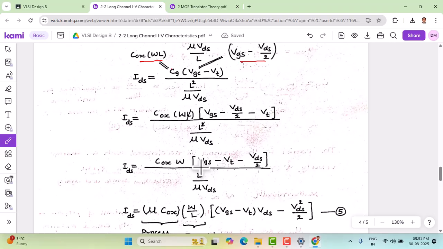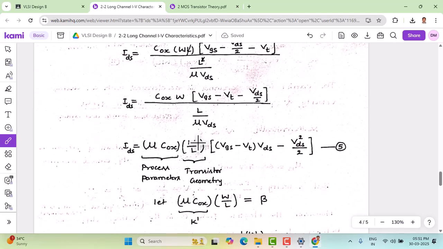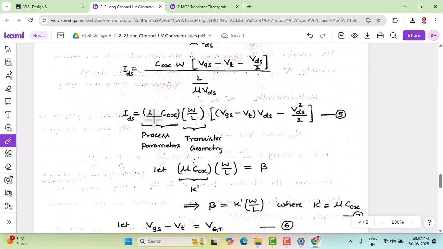So we get COX into W into VGS minus VT minus VDS by 2, by L, divided by mu into VDS. This mu VDS can be taken to the numerator, and the equation can be simplified. So IDS equals mu into COX W by L into VGS minus VT, as it is, and now VDS gets multiplied with this, so it is VDS minus VDS square by 2.